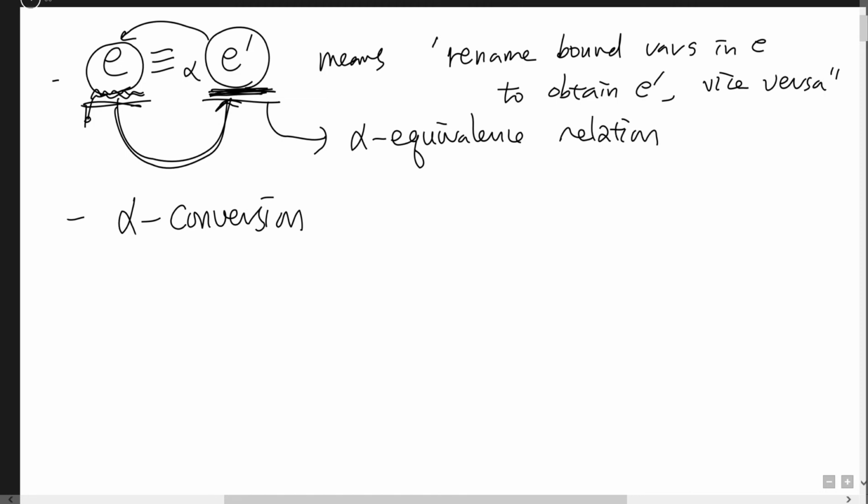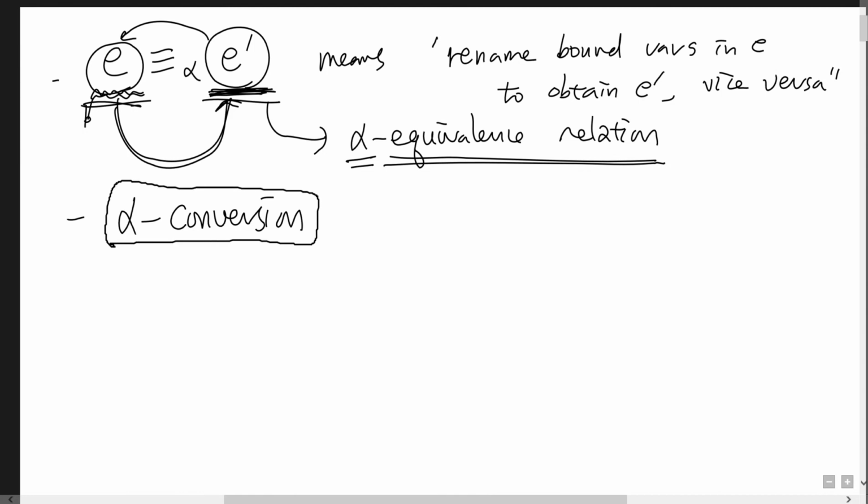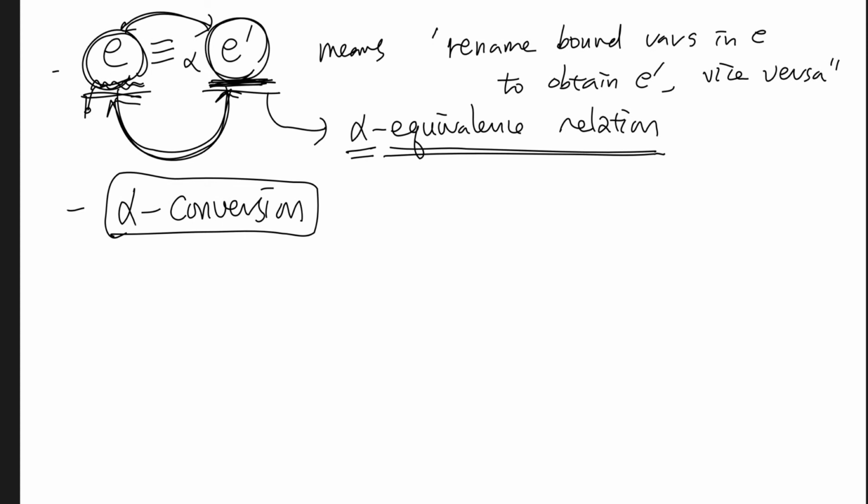It's a specific example of an equivalence relation between expressions in lambda calculus, but by historical accident, it is called the alpha equivalence relation. And you can also say that we apply alpha conversion to convert expression E to E prime, or from E prime to expression E. So here are a few examples. Lambda x dot x, lambda y dot y.